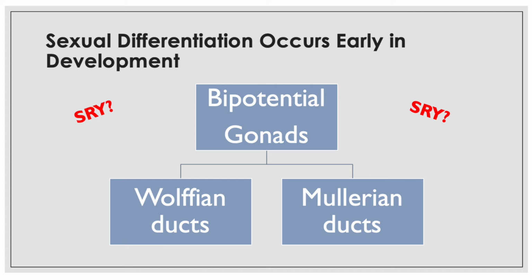The sex determination of an embryo also has to do with the absence or presence of the sex-determining region of the Y chromosome, otherwise known as the SRY gene. If the SRY gene is present, then the bipotential gonads will go on to develop into testes, therefore becoming a male. If the SRY is not present, the gonads will develop into ovaries.